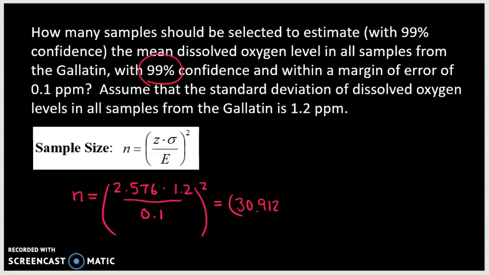But I've got to square that. So when I square that, I get a fairly large number, 955.55. Okay, now we're almost done. That's how many samples you need. But how do you collect 0.55 of a sample?